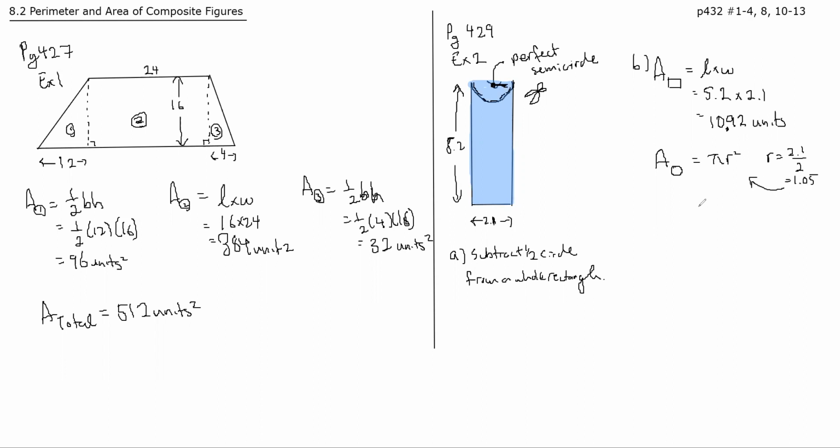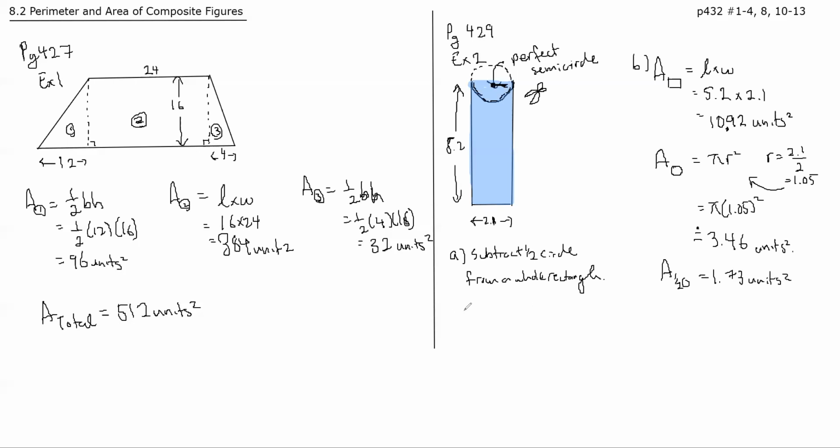So the area is going to be pi times 1.05 squared, which is 3.46 approximately. Since I'm not taking out an entire circle, but I'm actually only biting off half of it, the area of half of that circle is approximately 1.73 units squared.